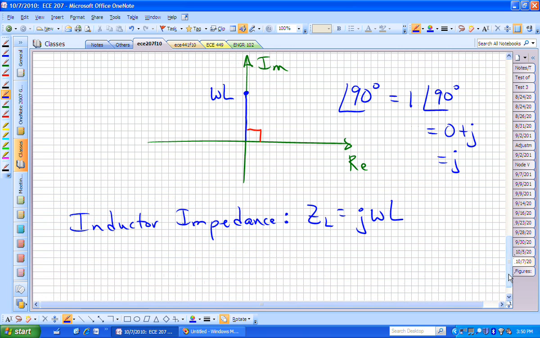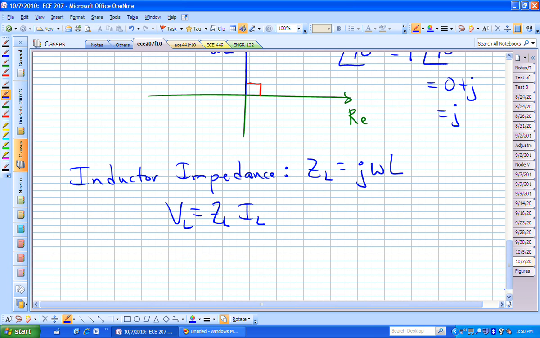And that is actually said here because we know that V sub L is equal to Z sub L times I sub L. And what does that Z sub L do? It catches it up. So Z sub L times I sub L is going to make the voltage 90 degrees ahead of the current, because we have that j, that pure imaginary piece, in our impedance for the inductor.